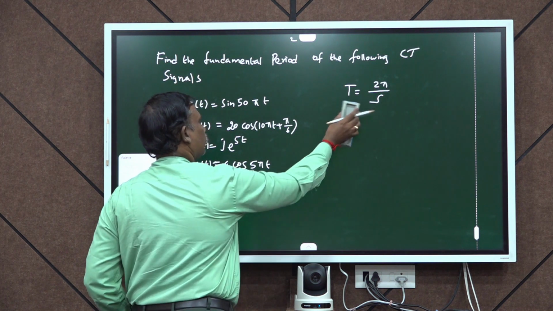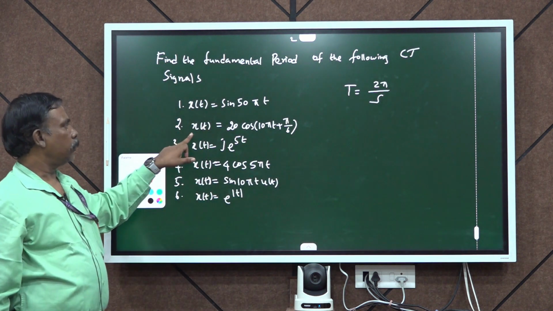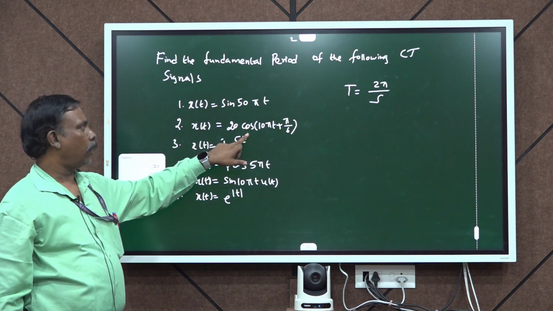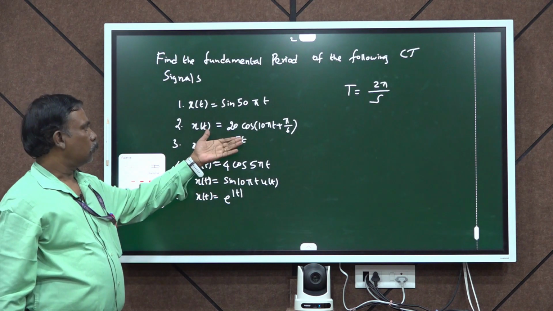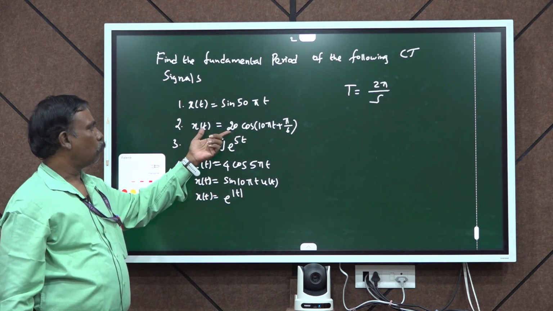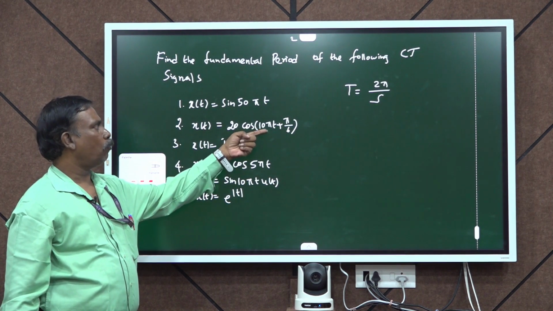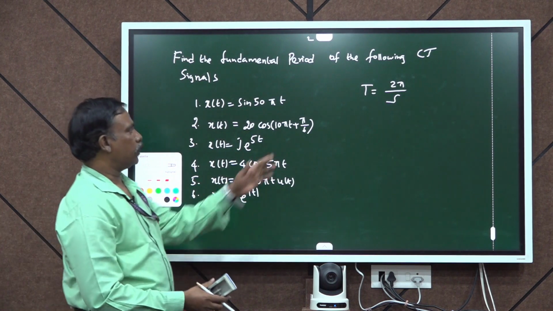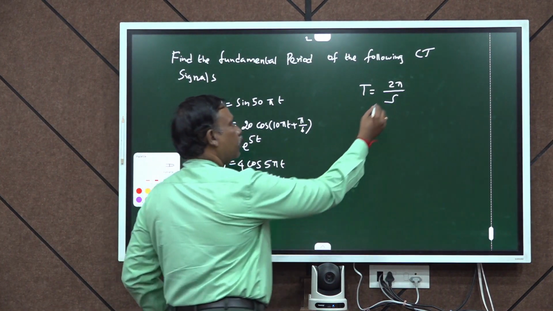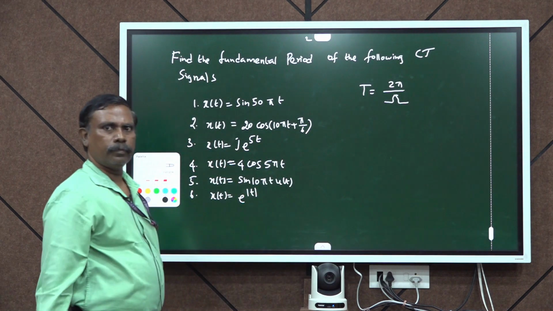Now we know the fundamental formula. I take the second problem: x of t equals 20 cos of 10 pi t plus pi by 6. Dear students, here 20 is the amplitude and cos omega t is the standard form, so omega is equal to 10 pi, and pi by 6 is the phase term. Please don't get confused by the phase term.